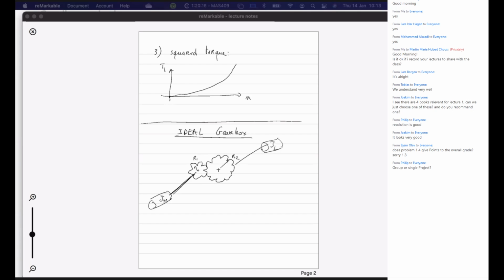I can call it iGB, which is equal to the ratio of radius 1, or the number of teeth in the first gear, divided by the radius on the second. And if we have some speed, I call it omega 1, and here, if I take in the same direction, omega 2, then this will have a minus sign, omega 2 divided by omega 1.